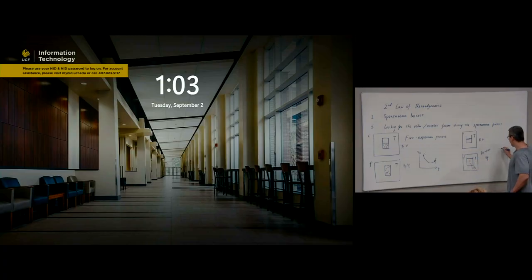The temperature doesn't change means dU equals 0. Correct, everybody? Then delta Q should equal delta W, right? And what's that? Remember we were talking about this, right? This is nRT/V dV.